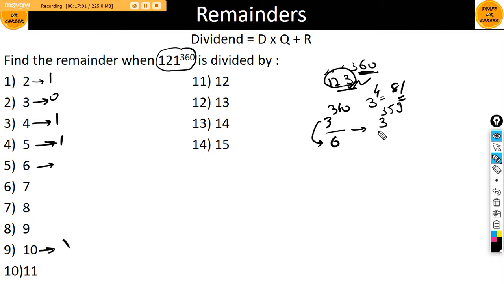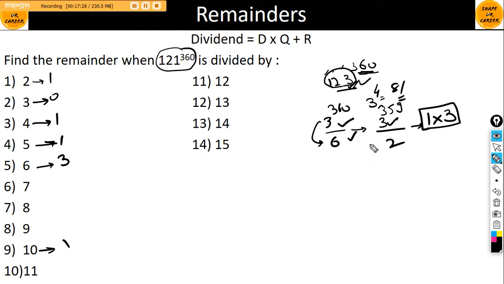So it results in 3 raised to power 359 divided by 2. Now if I solve it further, 3 divided by 2 leaves a remainder of 1. We just need to keep one thing in our mind: with whatever value we have cancelled initially, we have to multiply at the last with the very same number in order to get the original remainder back. So here the remainder comes out to be 3.